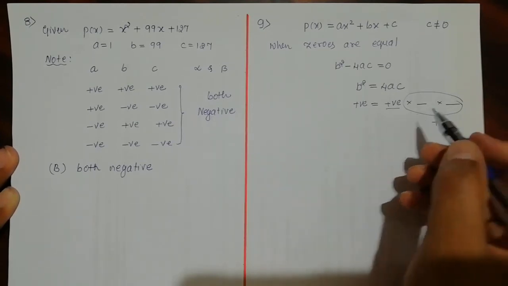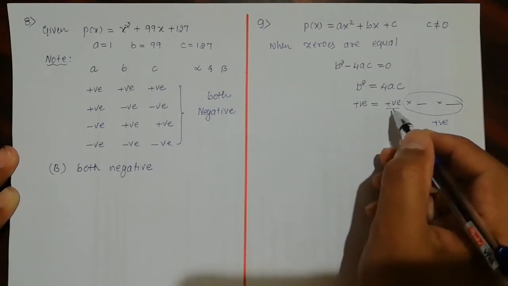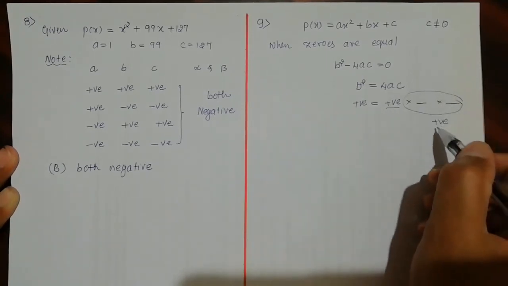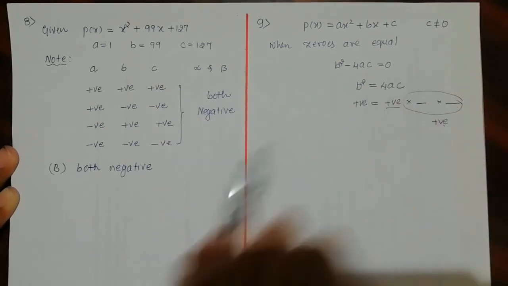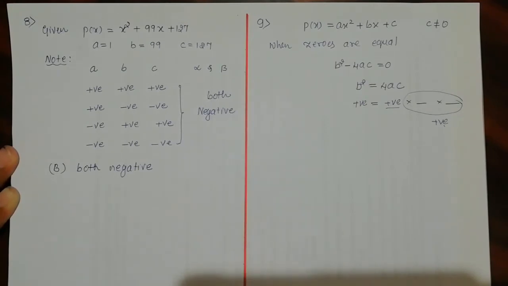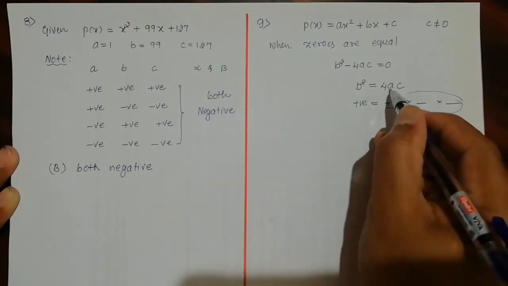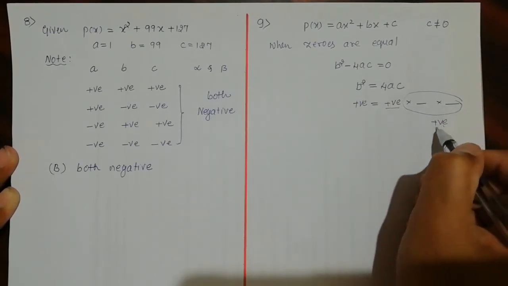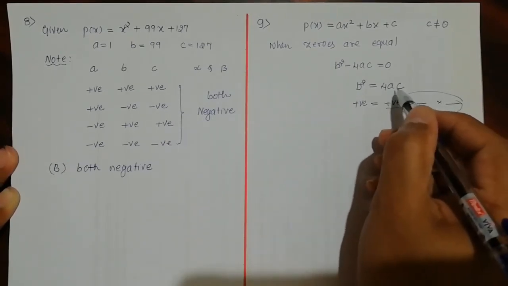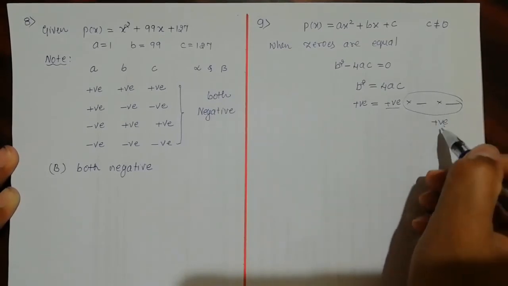So to get left hand side equal to right hand side, this product should be positive. This product will be positive only when A and C have the same sign. Two possibilities are there. If both A and C are positive, positive into positive becomes positive. If both A and C are negative, negative into negative becomes positive.